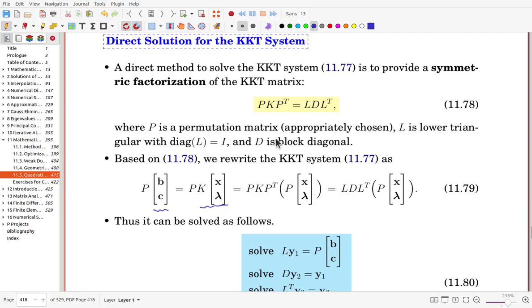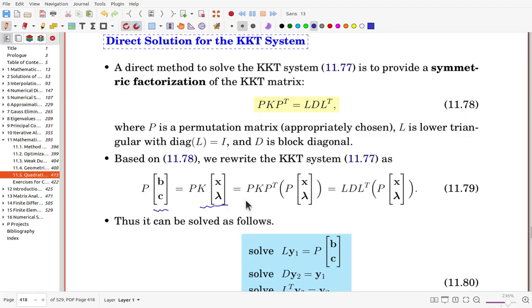Now, K, from this one, P is there, so that K is the same as PK x transpose.